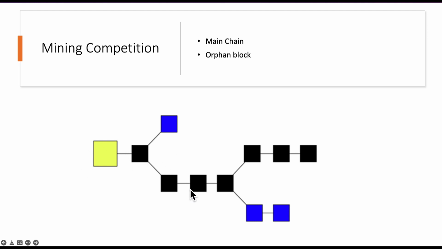It depends on the next block, so it depends on the speed. There are other nodes, and this miner himself too. You can decide to keep mining based on this block, or you can keep mining on this block.